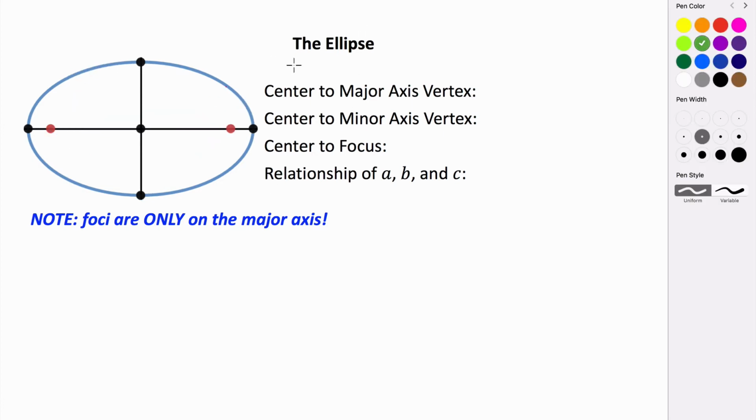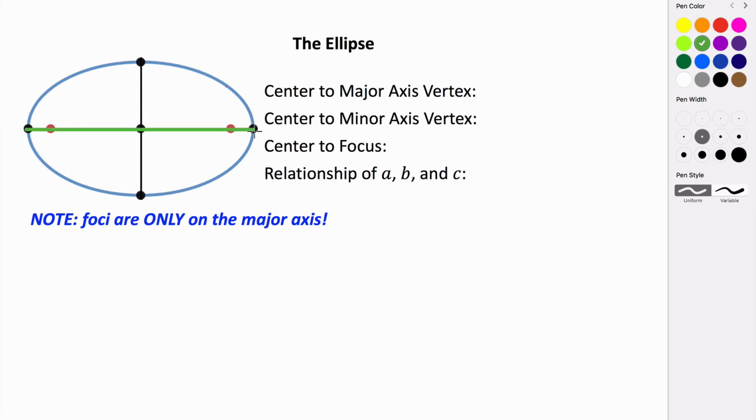There are a few key features that we have to look at before we can start talking about an ellipse. You see that we have something called the major axis, the minor axis, center, focus. We want to identify all of these key features before we talk about what we use them for. The major axis is just this axis here.